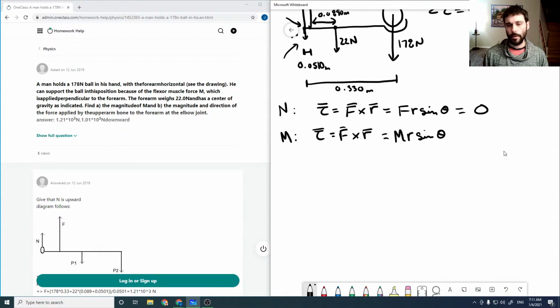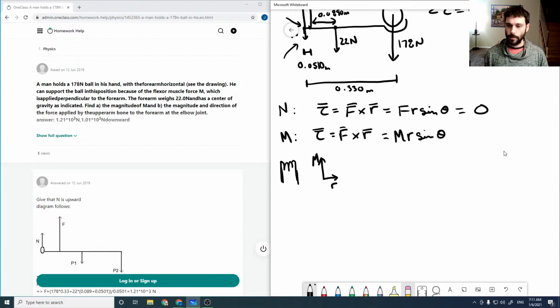The right-hand rule that I use is you put your fingers in the direction of the first one, in this case the force, and then your palm in the direction of R, stacking them tail to tail.